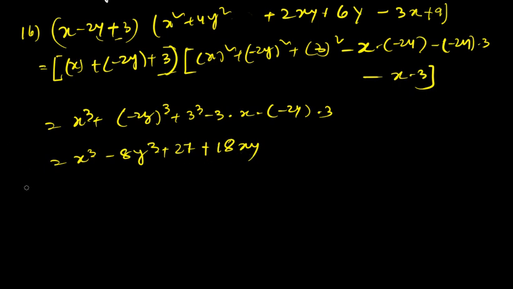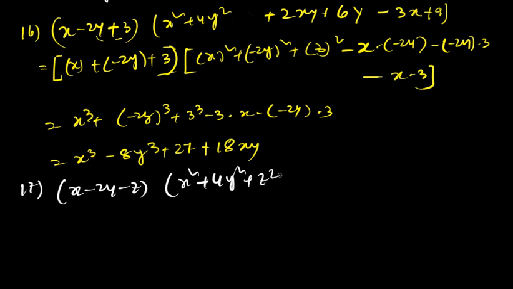Now question number 17. It's again the same: x minus 2y minus z, times x square plus 4y square plus z square plus 2xy plus zx minus 2yz.